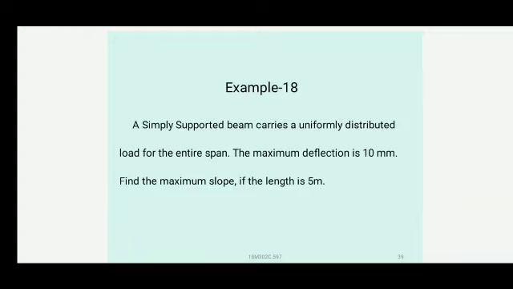Another problem. A simply supported beam carries a uniformly distributed load for the entire span. The maximum deflection is 10 mm. Find the maximum slope if the length is 5 meters.